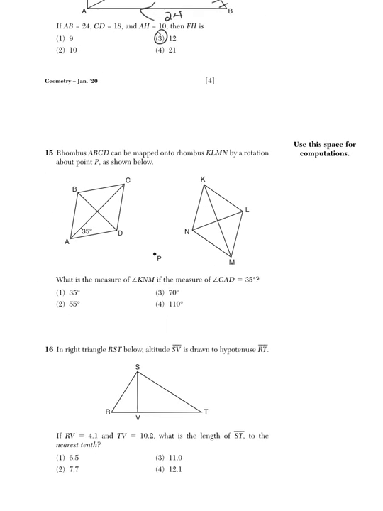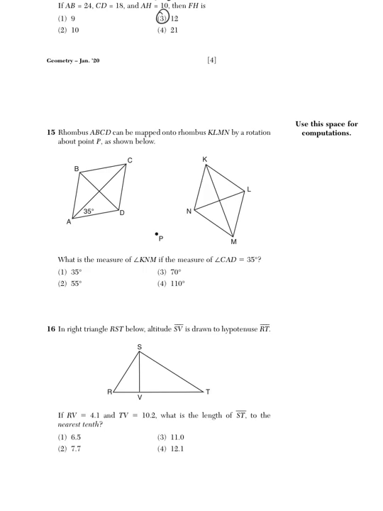Looking at question 15, this has to do with rigid motion and properties of a rhombus. So in a rhombus, all the sides are congruent. So what that means for us is that CD and DA are congruent. And so that 35 degrees, that's a base angle of an isosceles triangle. So that's 35 degrees. There's 180 degrees in a triangle. That's 110 degrees.